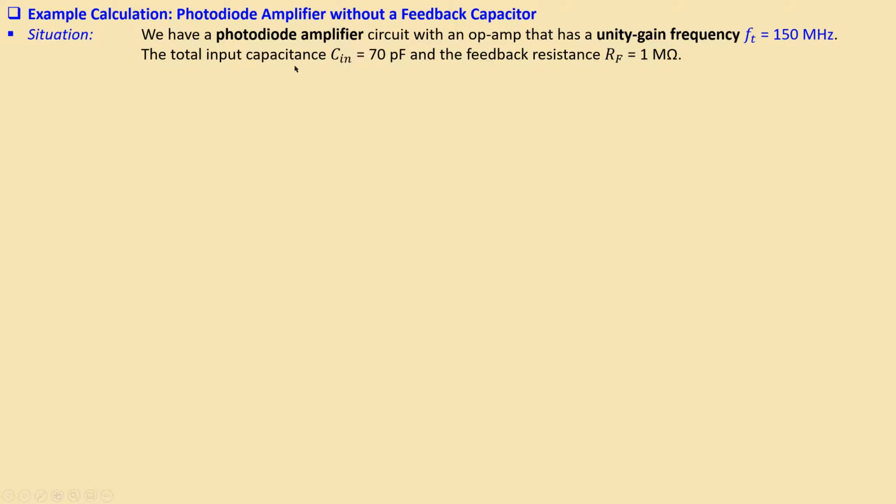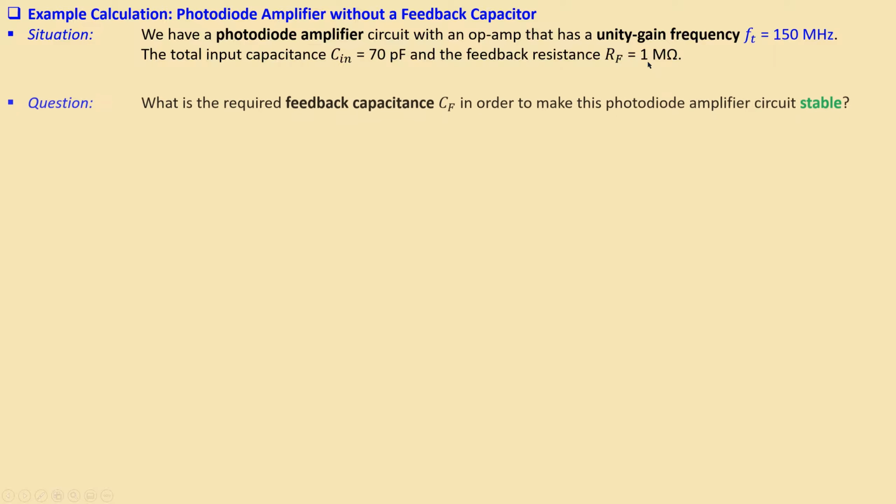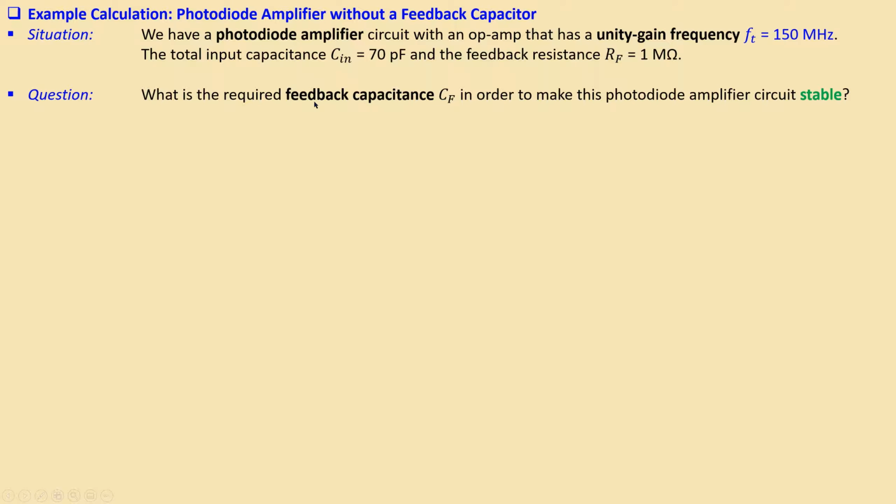The input capacitance of your circuit is 70 picofarads and the feedback resistor is 1 mega ohm. The question is: what is the required feedback capacitor to make this photodiode circuit stable? Because in this case, without the feedback capacitor, this circuit is definitely unstable.